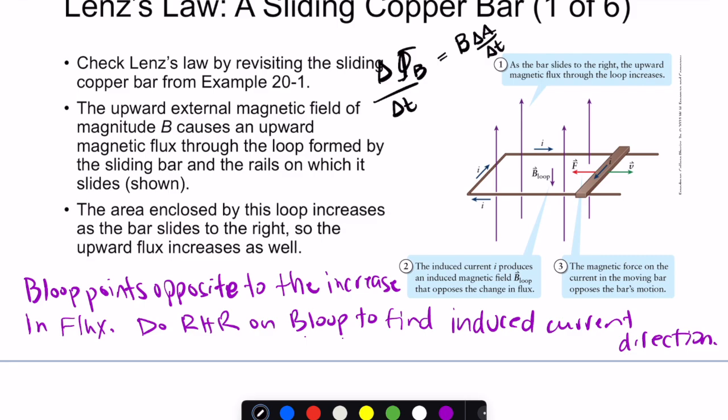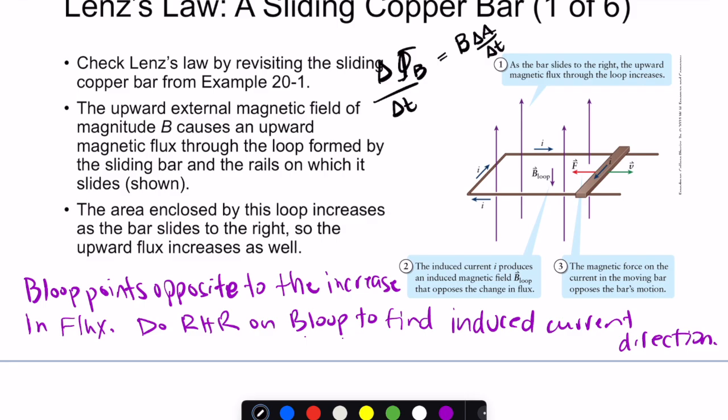And so what direction is B loop going to point to oppose an increasing flux? It's going to point in a direction opposite to the field, right? To reduce the flux, because its job is to oppose the change. Nature does not like change, right? Many people don't like change. Some people really thrive on it, but nature doesn't like it.